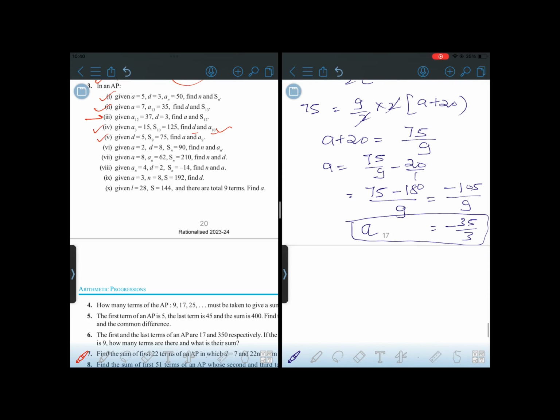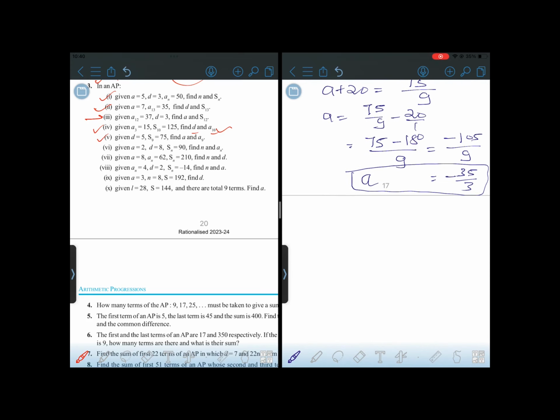Now, next is to find the value of A9, right? So A9 means if you use the formula of AN or TN, that is AN is equal to A plus N minus 1 into D. The value of A is minus 35 upon 3 plus, because it is A9, right? So 9 minus 1, and the value of D is 5. So that gives us minus 35 upon 3 plus how much? 8 into 5.